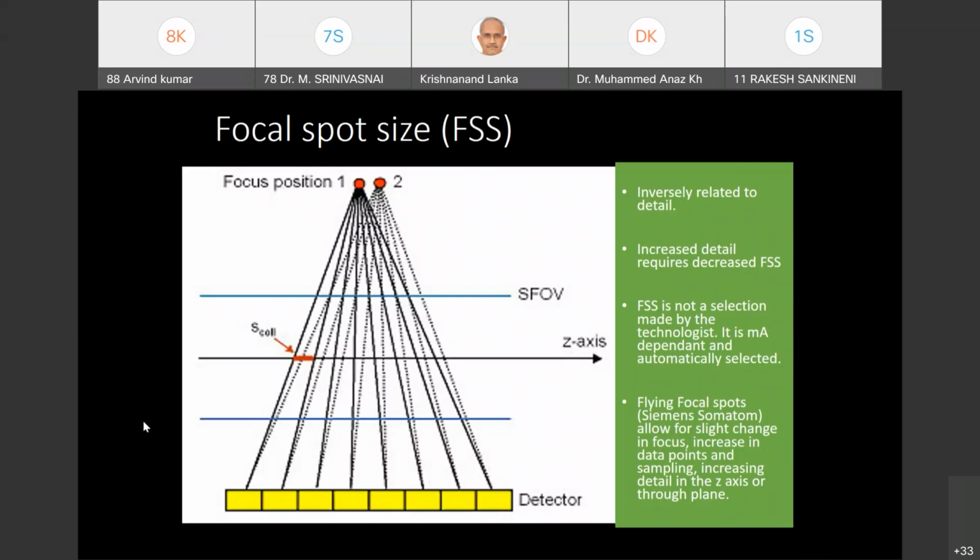You only have to tell which tissue you are interested in, whether you are interested first of all in tissue or in bone details. If it is tissue, what kind of tissue is it? Muscle tissue or some other tissue or liver? So don't worry if some of these terminologies are not clear at present.